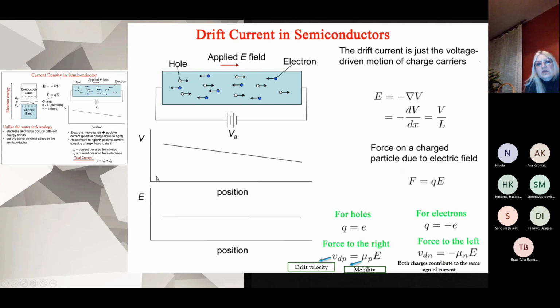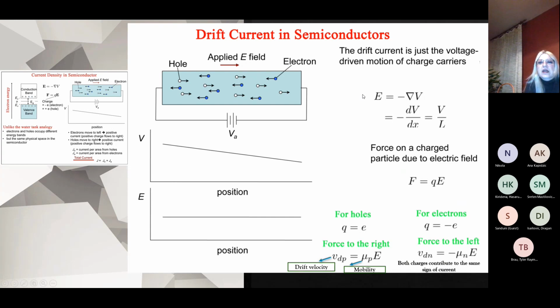So the dependence of the voltage on the position will be a negative curve. Here the voltage will be higher than downstairs, and the applied electric field will be going from this direction to this direction.